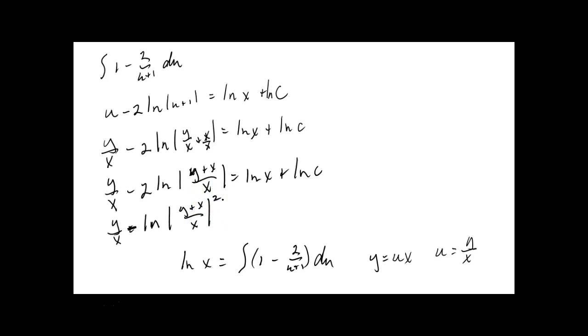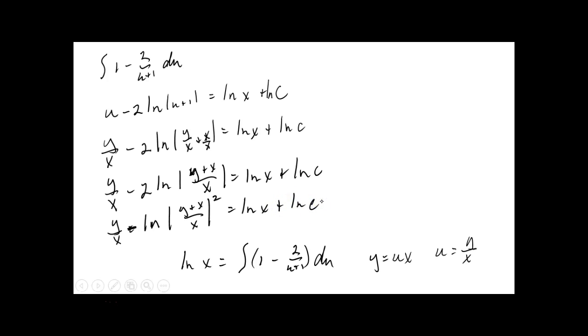Remember, that's one of the rules of logarithms. A 2 in front of a log can become the exponent of the argument of the log. Okay. And that's equal to log x plus log c. They love that log c.